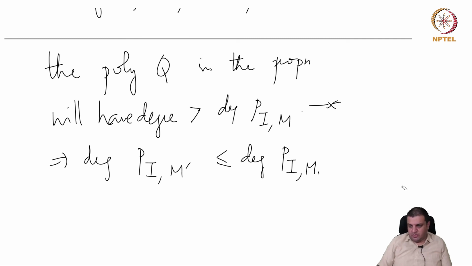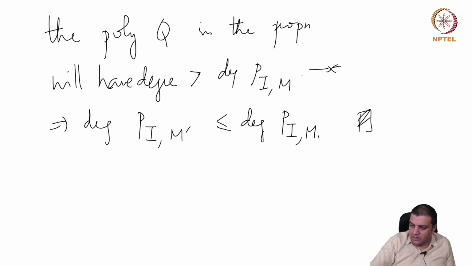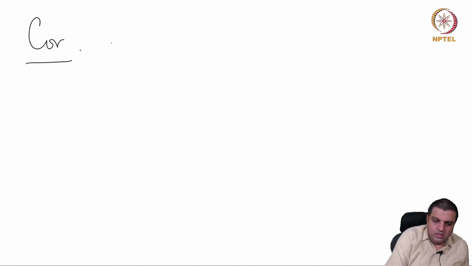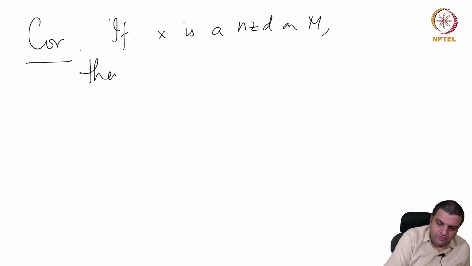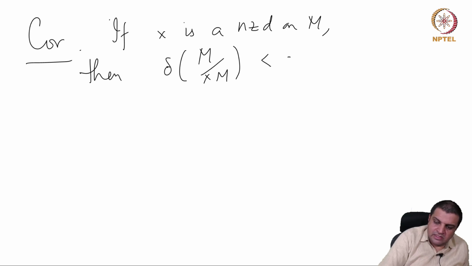Another corollary is, if x is a non-zero divisor on M, same notation as in the theorem, then delta of M mod xm is strictly smaller.